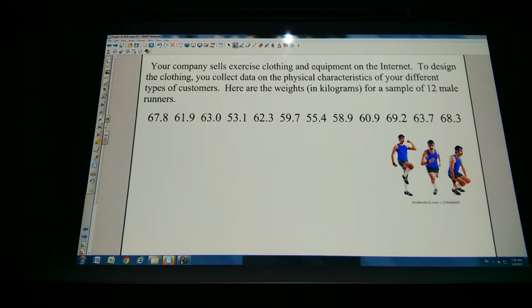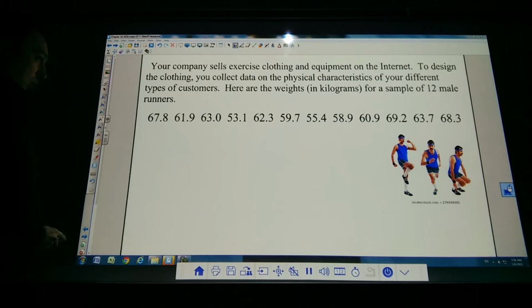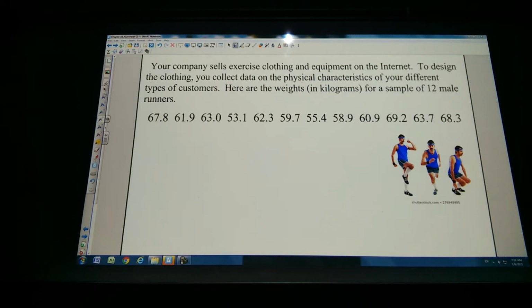We want to construct and interpret a 99% confidence interval for the mean weight of runners. So we want to figure out what is the average weight of these runners.